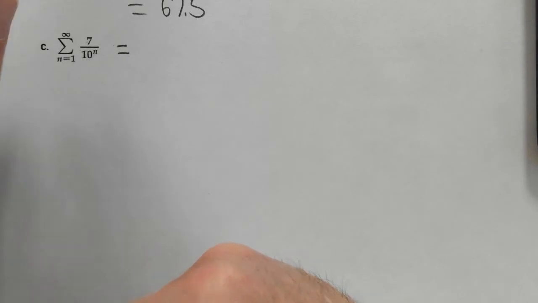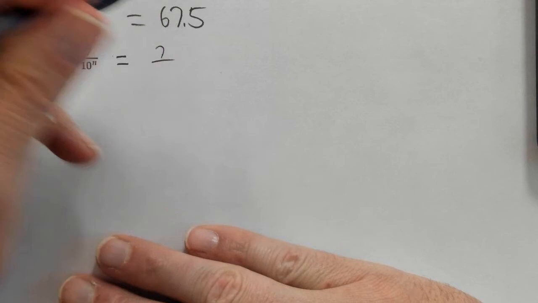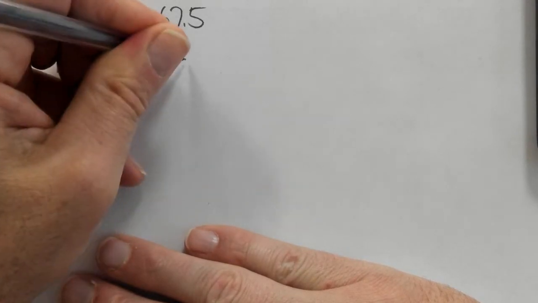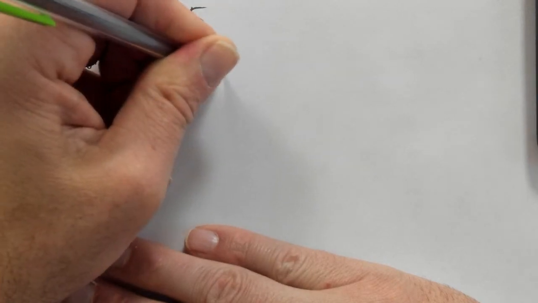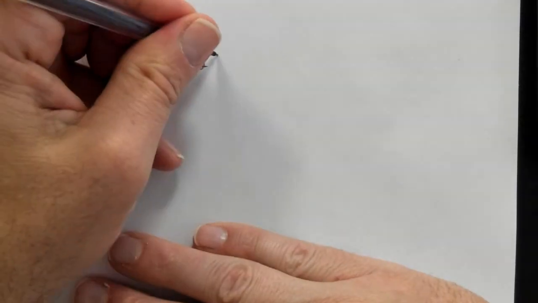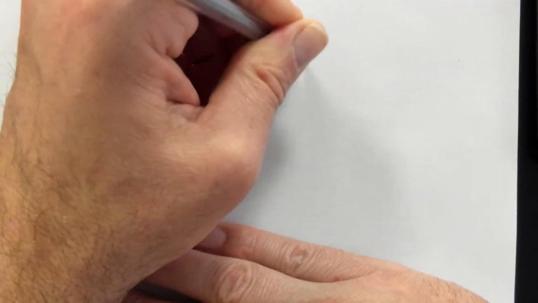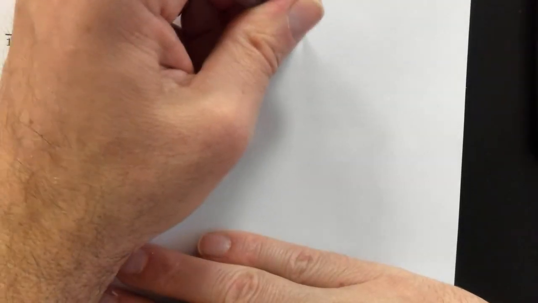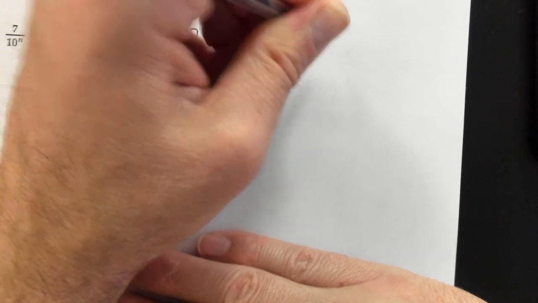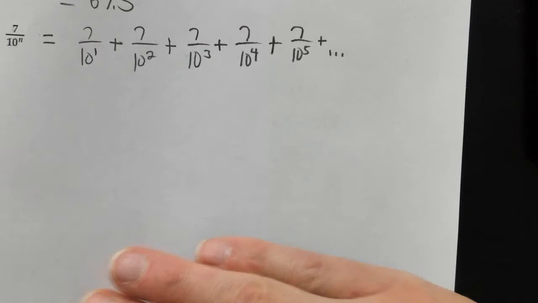When I write these terms out, it's going to be 7 over 10 to the first power plus 7 over 10 to the second power plus 7 over 10 to the third power plus 7 over 10 to the fourth power plus 7 over 10 to the fifth power plus, and then so on up to infinity, right?